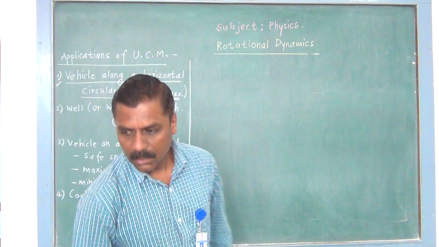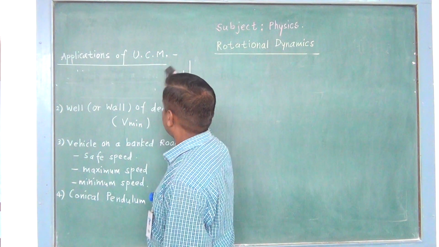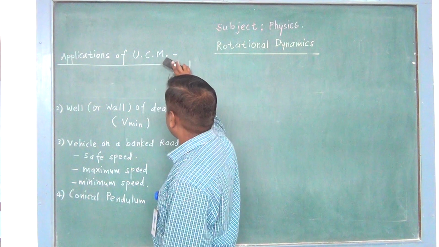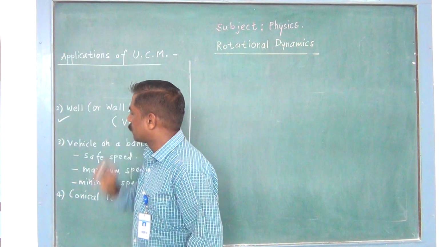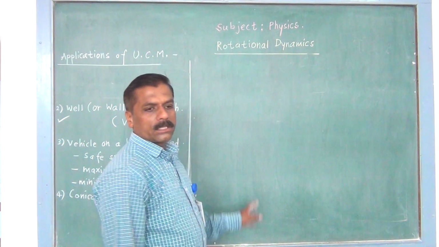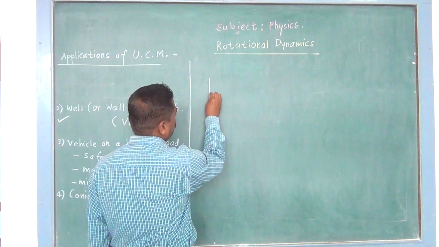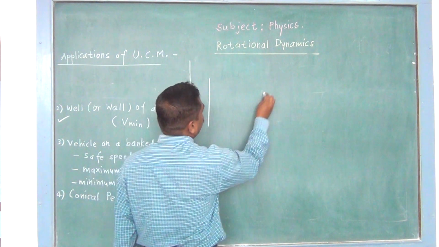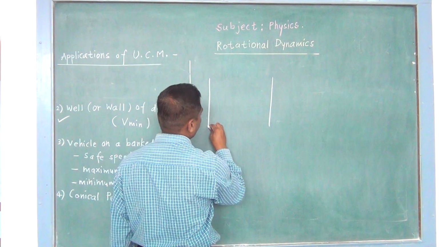Now we are interested to explain this second application, that is well or wall of death. We can draw the diagrammatic representation for this. Suppose we consider this is a wall or well.